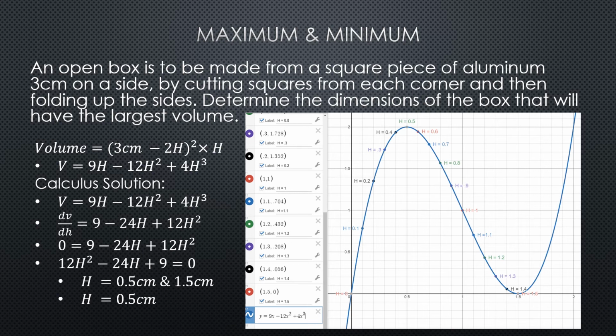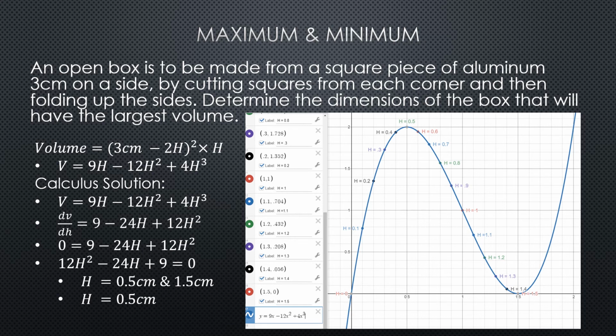Now we know that the slope at the max should be 0. So if we set the equation equal to 0 and solve for h, because we've got an h squared and an h, we need to put that into the quadratic equation and solve it that way.